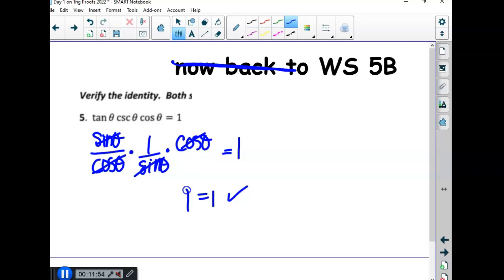Could you handle that one as a proof? Okay, make sure that you have those memorized, those ones that aren't on the trig trade sheet, the reciprocal functions.